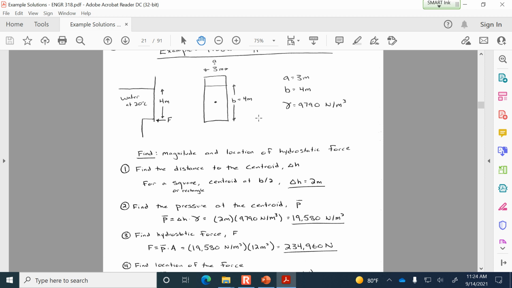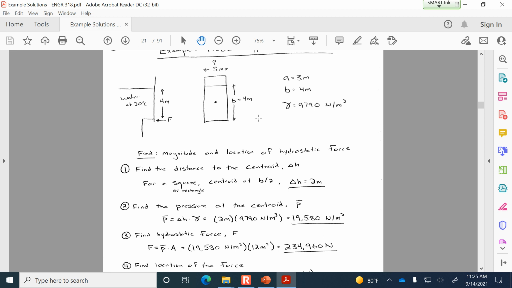So it's simply going to be B divided by 2 in this case. And so it's 2 meters is the distance, delta H, from the water surface down to where the center of area of that gate is located. Okay, so delta H is 2 meters.